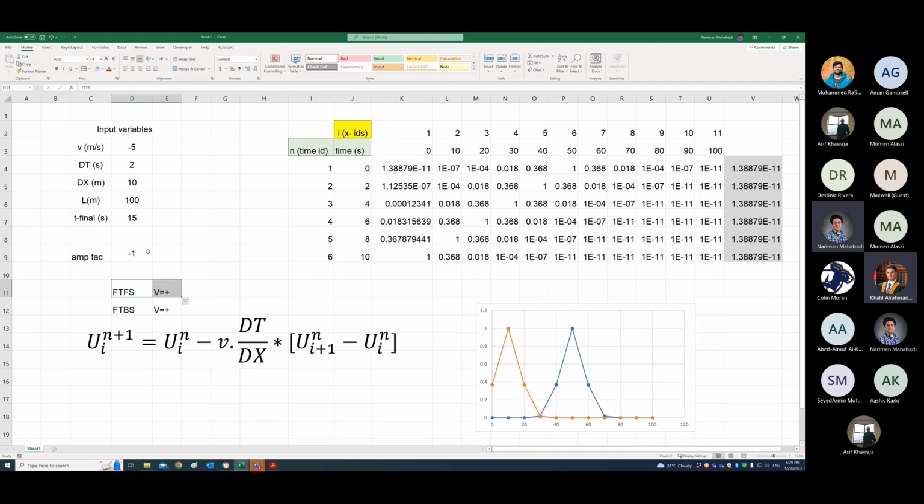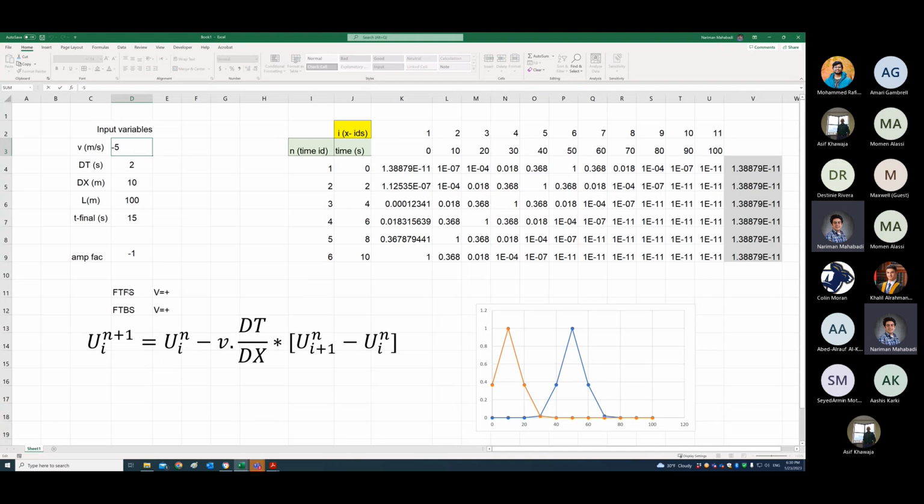So can I conclude from this that the values of delta t and delta x should be chosen based on the value of the amplification factor? Exactly. Velocity is just driven by the physics, right? You have the velocity, but then you need to first take a look into the direction of the velocity.